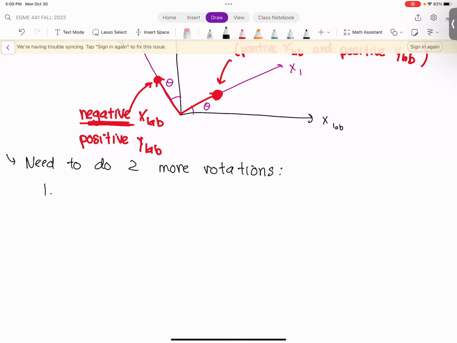Let me call this 2 and 3, because technically these are the second and third rotations. For the second rotation, let's say we're on the runway and the plane starts speeding up, and then we start to point the nose up as we take off.